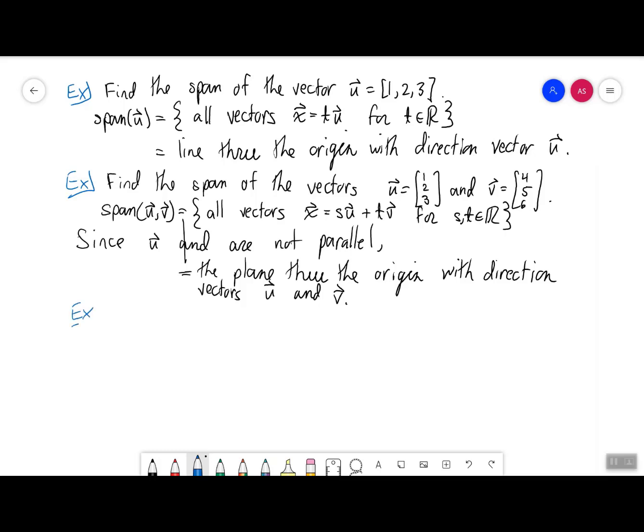One last example, and that's to find the span of (1, 3) and (2, 4). We can use the same definition that we've been using. We can write something like this, noting that this is the set of all vectors which can be written as x equals s times (1, 3) plus t times (2, 4). Oh, I forgot to write a v over here.